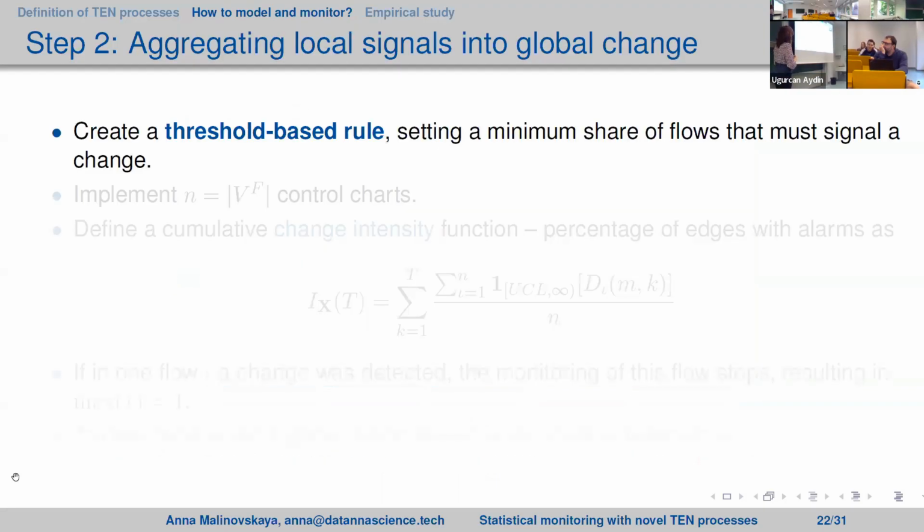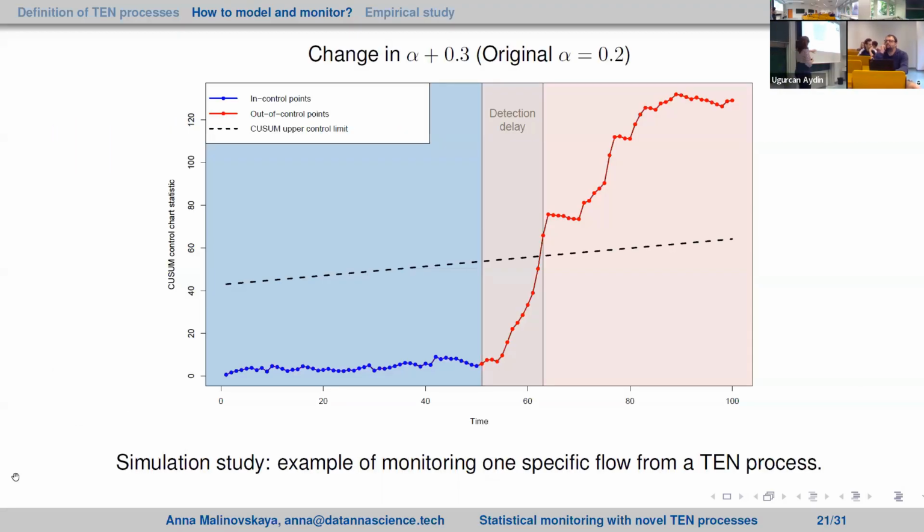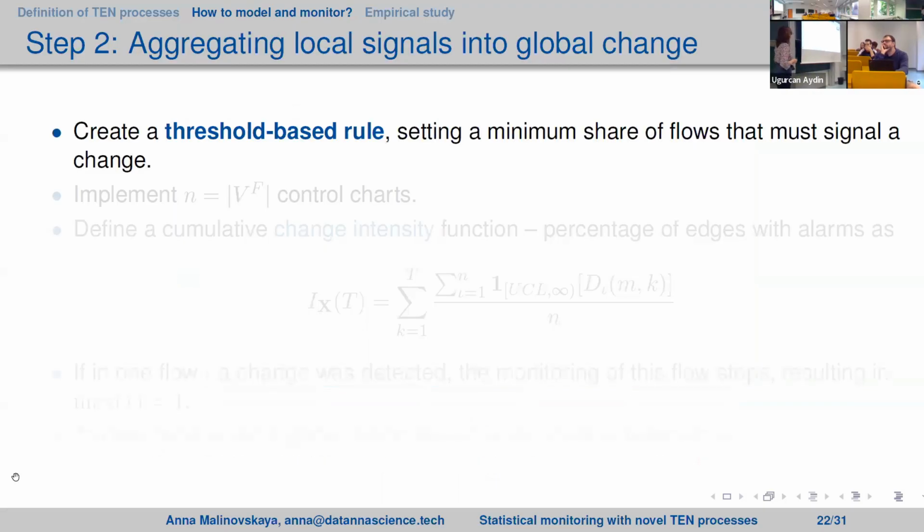So now in step two, you can imagine we have hundreds, or at least tens, of such control charts running, one for each flow. So now the question: how can we combine them to detect a global change of the whole network? One idea is to use a threshold-based rule, some kind of expert-based definition of the threshold.